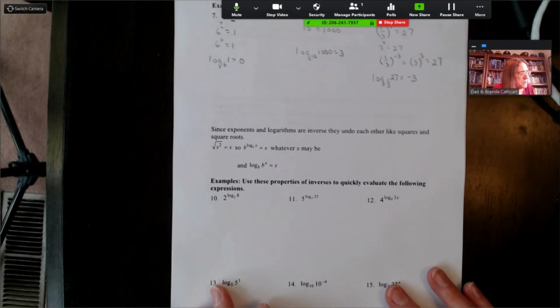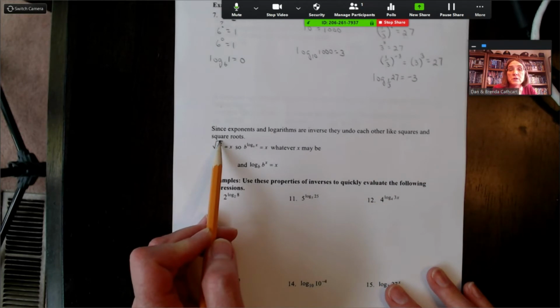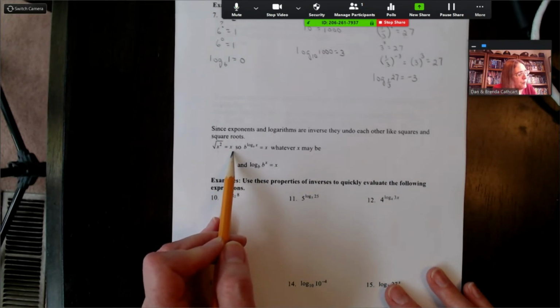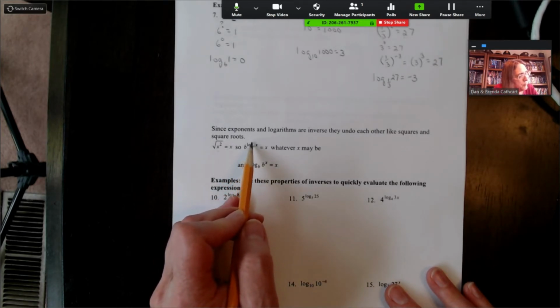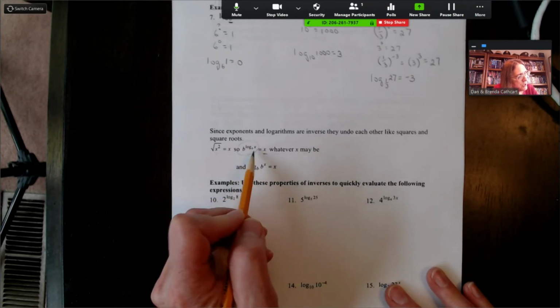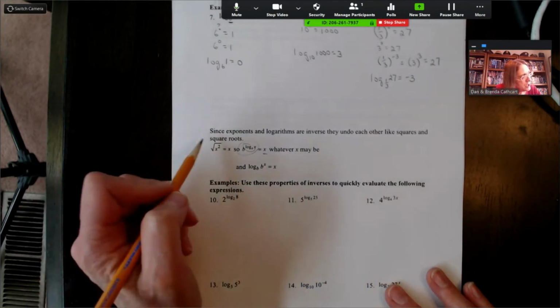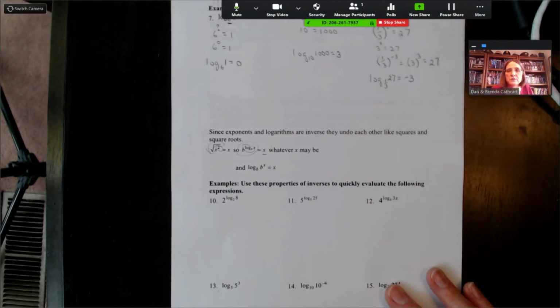Now, since exponents and logarithms are inverses of each other, that is, they undo each other, like, for instance, squares and square roots. For instance, the square root of x squared equals x. We can also conclude that if I take b raised to the power of log base b of x, I'm going to get back to x, because these operations, exponents and logarithms, are inverses, just like squares and square roots are inverses.